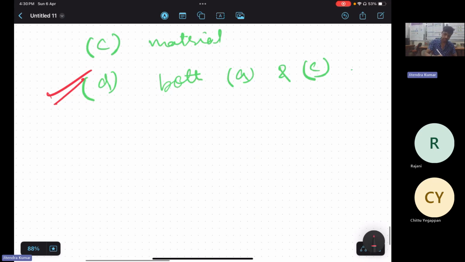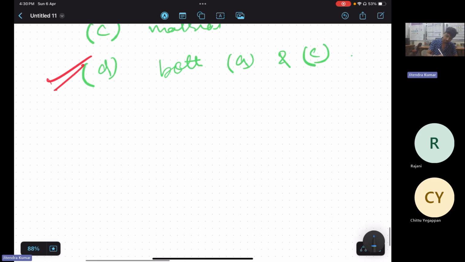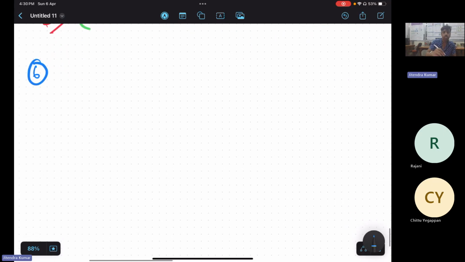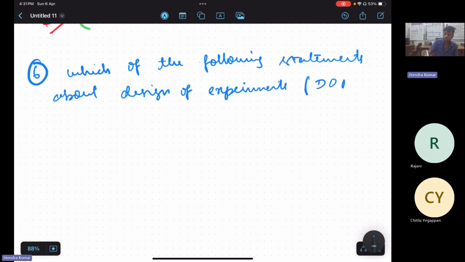So next question, sixth question is, which of the following statements about design of experiments, which is also known as DOE, is true?